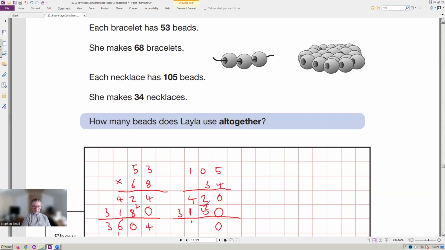Add it together. 0. 5 and 2 is 7. 4 and 1 is 5. Bring down the 3. Now we add them together. 3, 5, 7, 0. Add 3, 6, 0, 4.